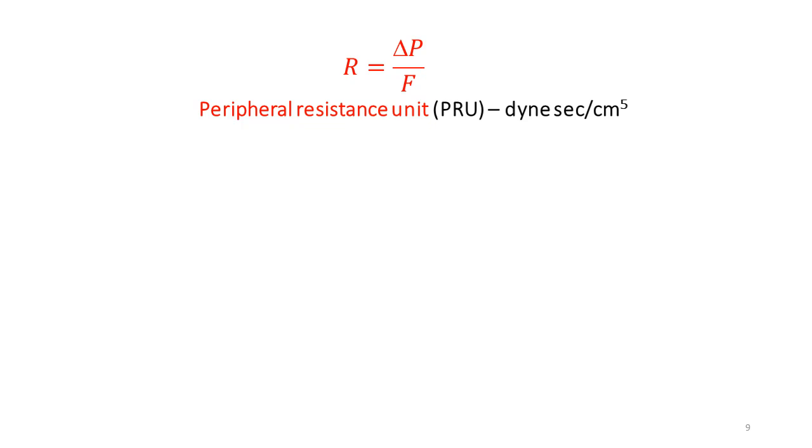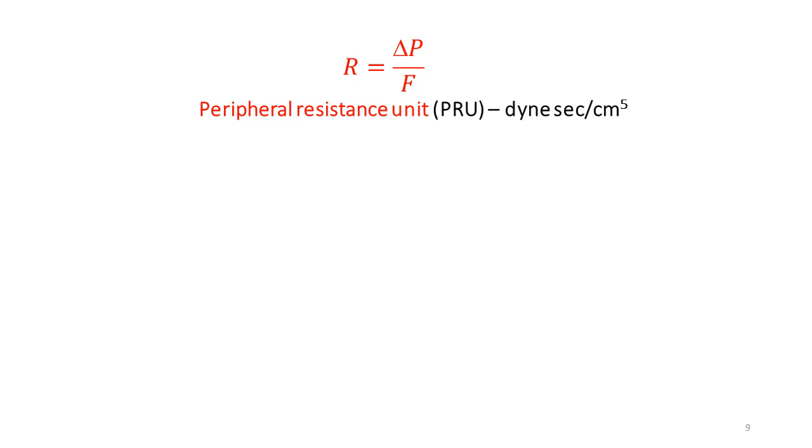The unit of PRU is dyne second per centimeter to the power of 5. So in blood vessels we have a unit for resistance named PRU.